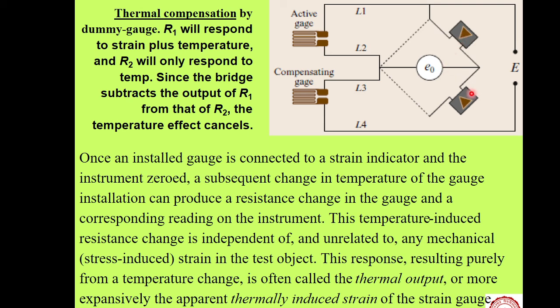So this requires some balancing, which is known as the initial balance or zero balance. The instrument is zeroed. This is initial zero balancing. As part of instrumentation, it is common.